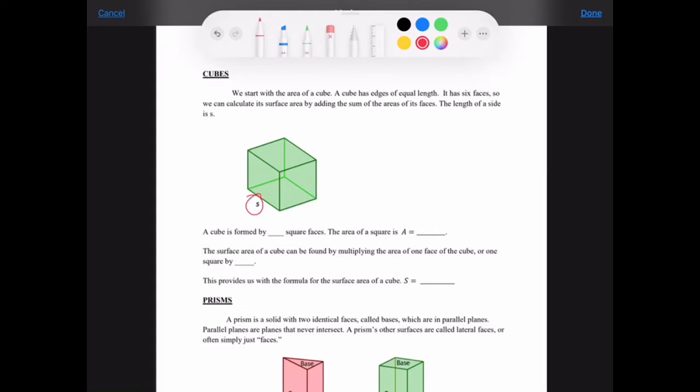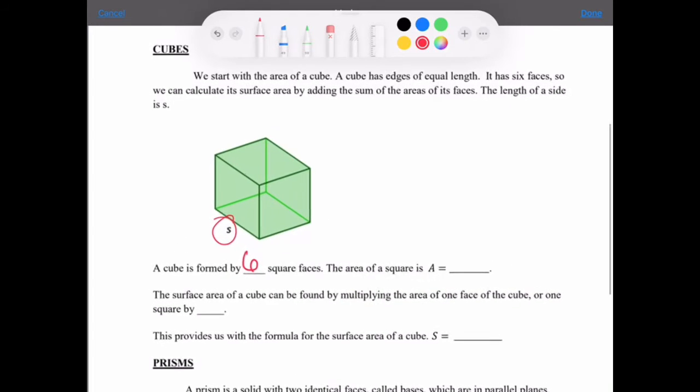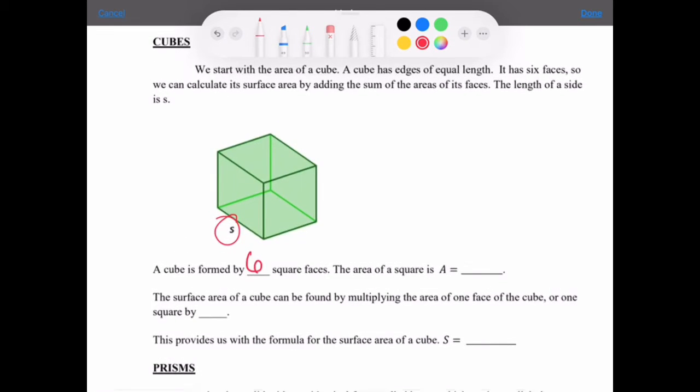So a cube has 6 square faces. And the area of a square, we all know this, is side squared, right? And if you've got those 6, remember on a die or dice, it goes 1, 2, 3, 4, 5, 6, right?